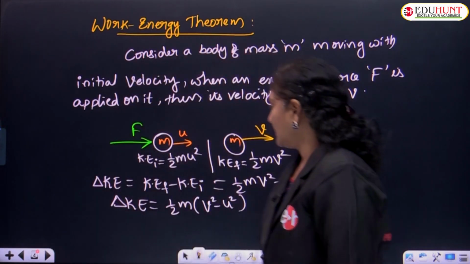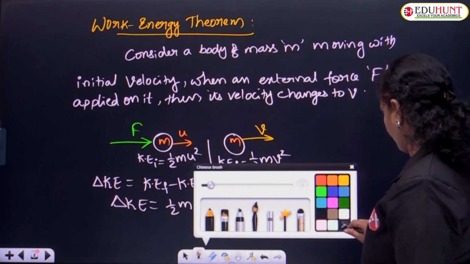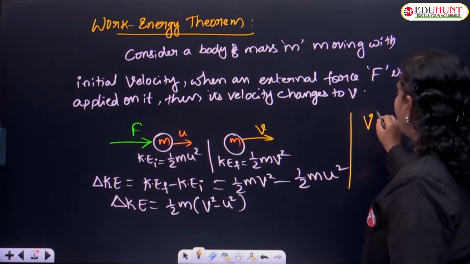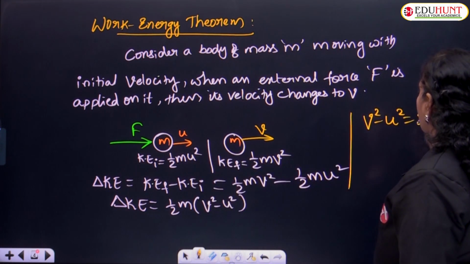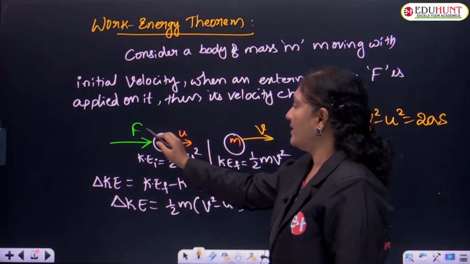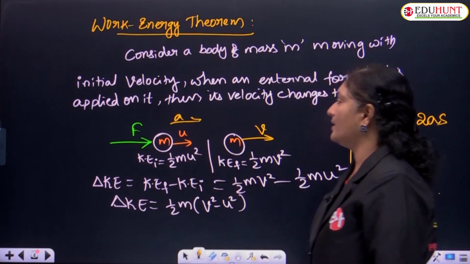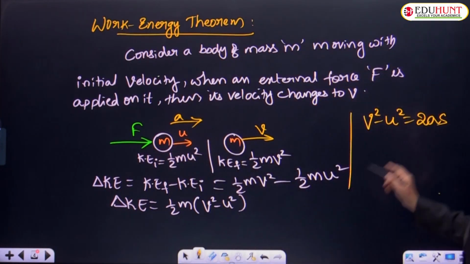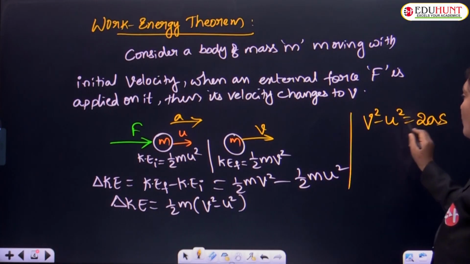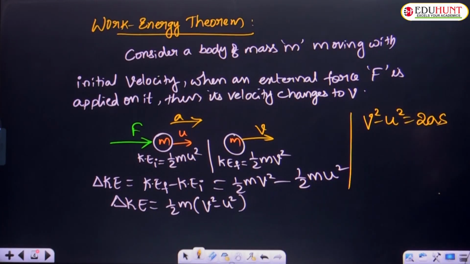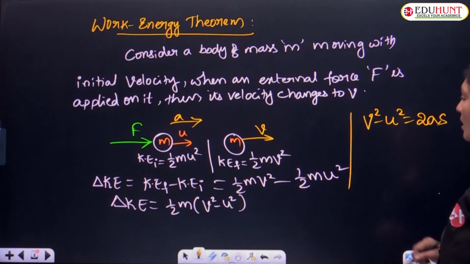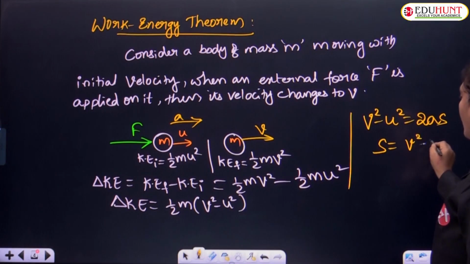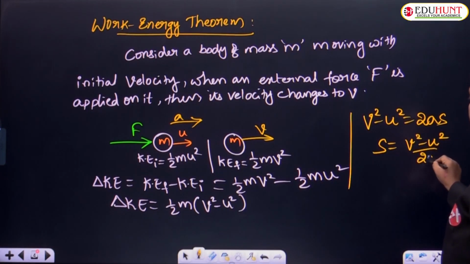But from the kinematic equations, the third kinematic equation, we say that v square minus u square is equal to 2as. Whenever force is applied, the body accelerates. Because of the application of force, the body gets acceleration a. So v square minus u square equals 2as, or the value of s can be written as v square minus u square upon 2a.